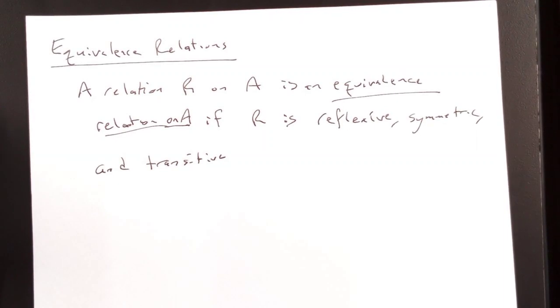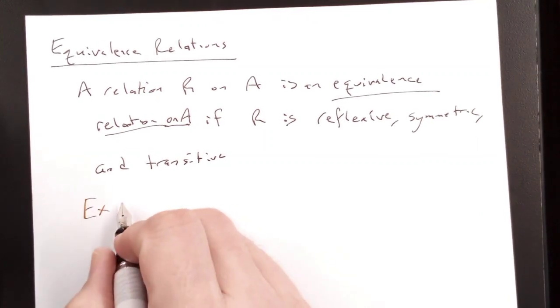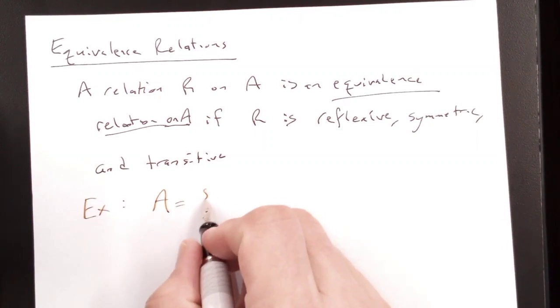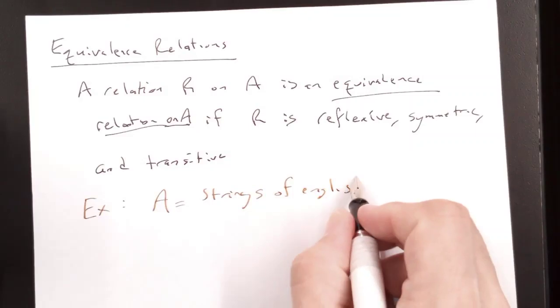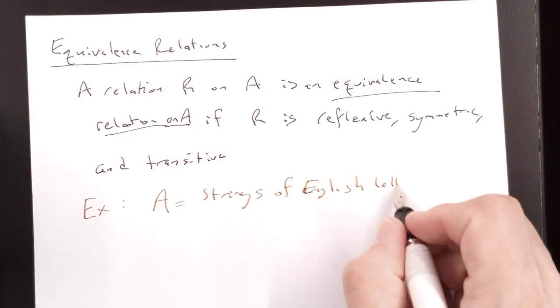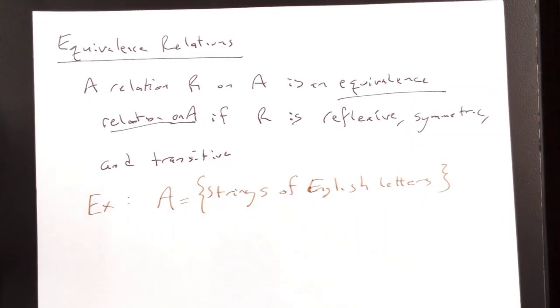But let's look at some examples. You've seen some of these before. Some other ones I'm going to make up on the spot. I want to look at words. I'm going to define a word as any string of English letters.